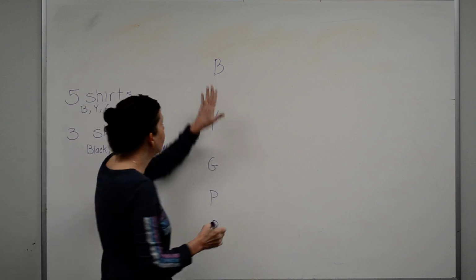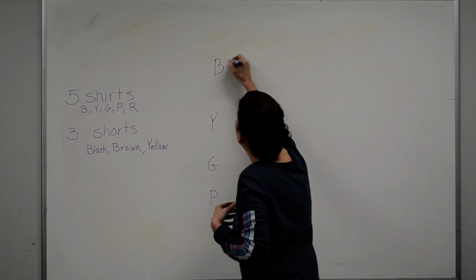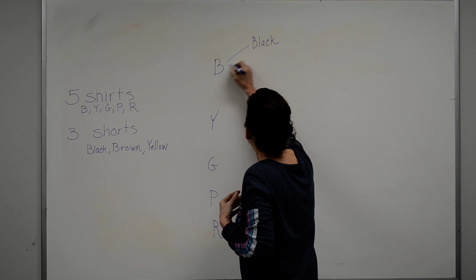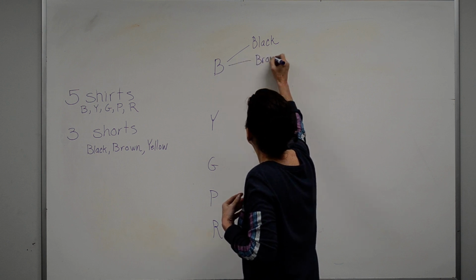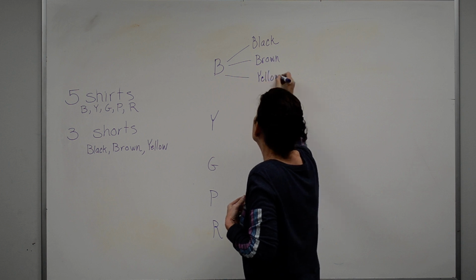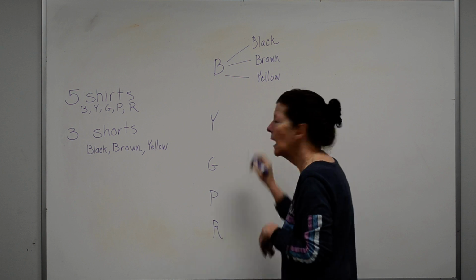So I make that first choice on the shirt. I'm going to wear that blue shirt. Well, then I can wear black, brown, or yellow. But let's say I didn't choose the blue shirt. I chose the yellow shirt.